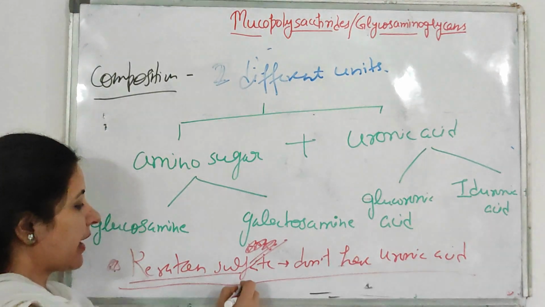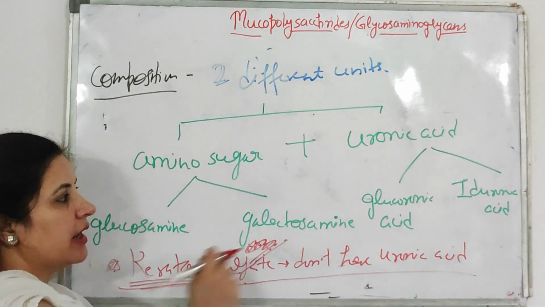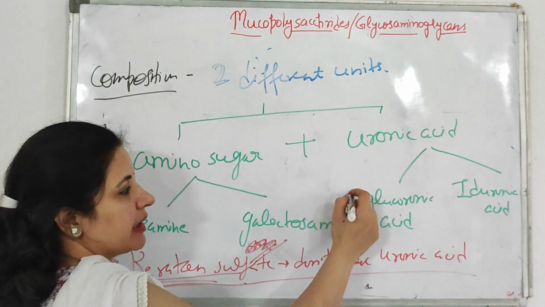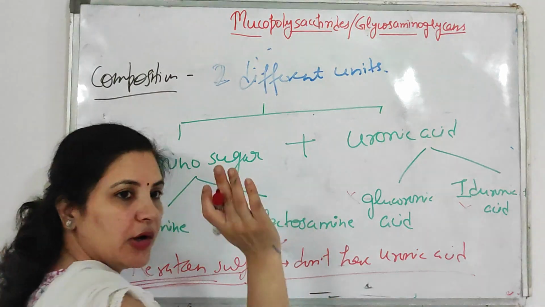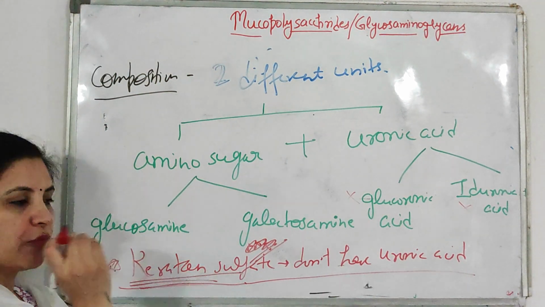Remember, keratin sulfate is the only GAG which doesn't have uronic acid. In keratin sulfate there is neither glucuronic acid nor iduronic acid. I will discuss its composition later. Now we will read the different types of GAGs individually.